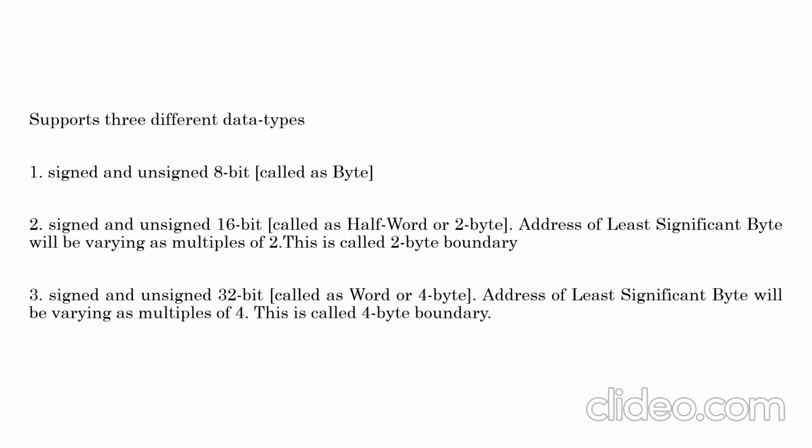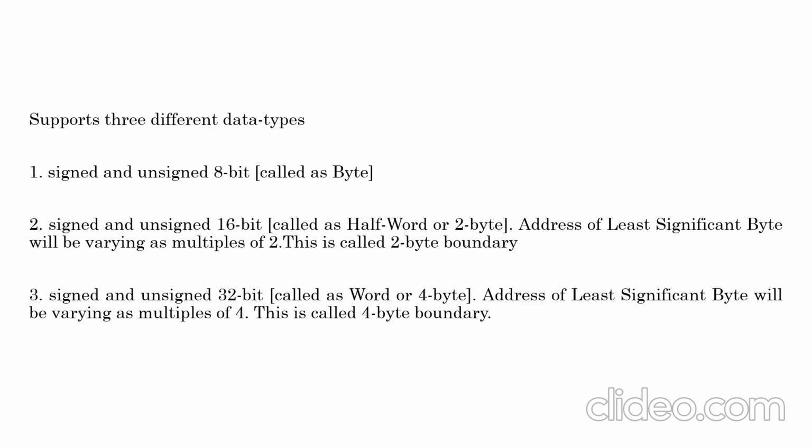A 16-bit data is viewed as a combination of 2 bytes. A 32-bit data is viewed as a combination of 4 bytes. For higher-order data, that is 16-bit, 32-bit, 64-bit data, the least significant byte determines the starting address of the data.